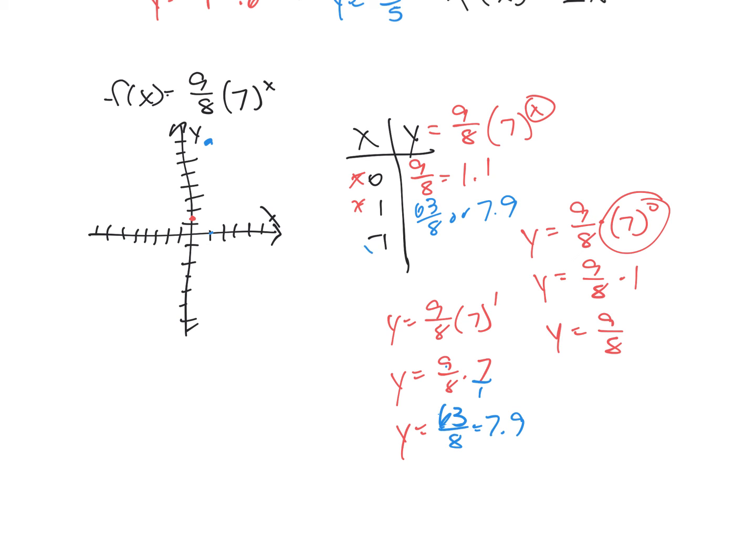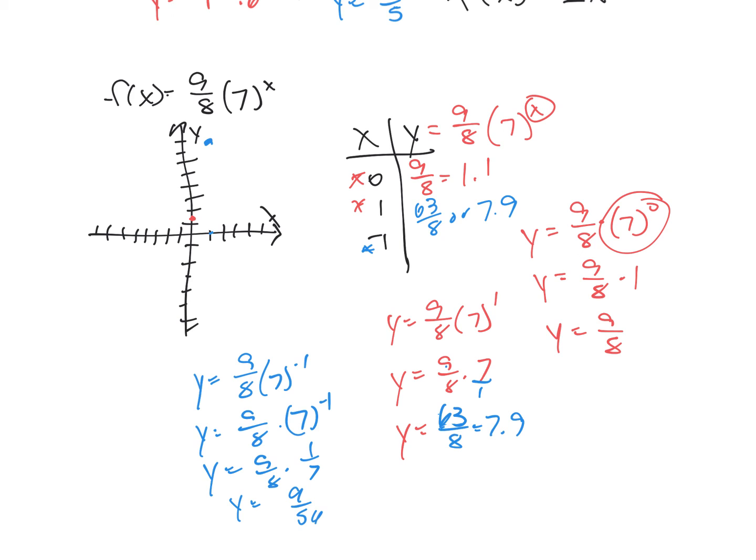And then I'm going to look at when it's negative 1. So y equals 9/8 times 7 to negative 1. And then remember that means this 7 to negative 1, I have to flip that, right? And so then if I multiply straight across, I get 9 over 56.